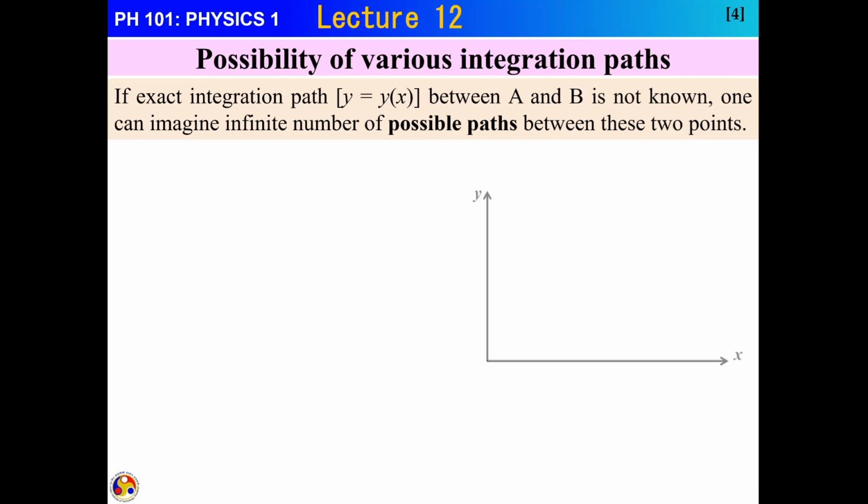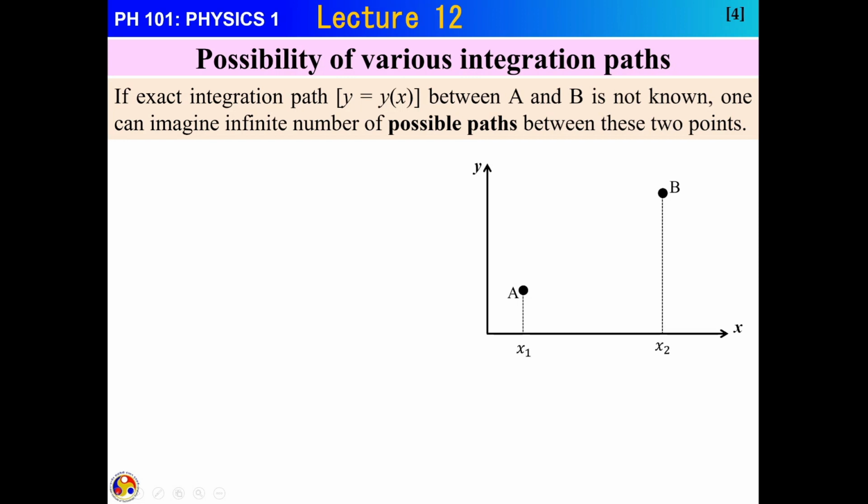For example, if we consider this plane and two points on it, and you want to reach the points, I can take option 1, going with just a straight line, or I can take some functional form of curve, or another functional form of curve, or any other options.